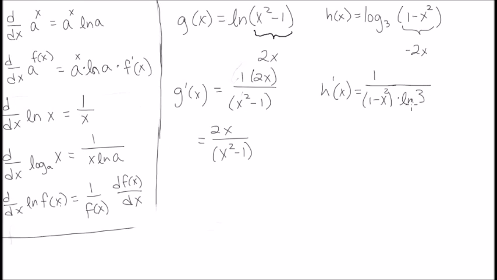And now, because it's the chain rule, we need to multiply it by the derivative of the item inside the logarithm. So that's times negative 2x, or just writing it a little more cleanly, negative 2x over the natural log of 3 times 1 minus x squared.